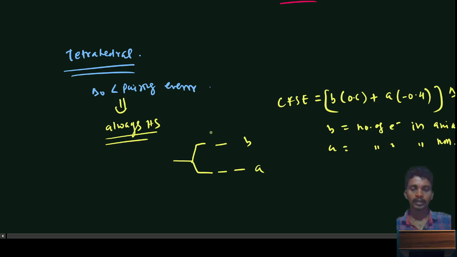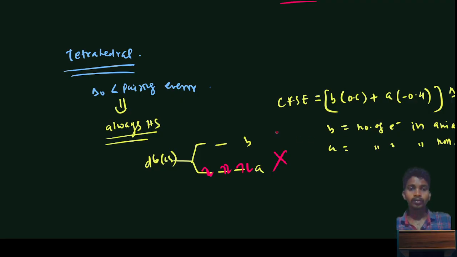So here no pairing happens. Let's say if it has D6, we can't write it as low spin because low spin never occurs. Always it will be high spin. So we can't do 1 2 3 4 5 6 like this. This is not possible because it will never do the pairing.